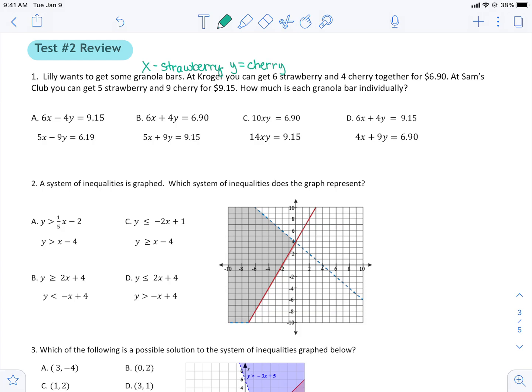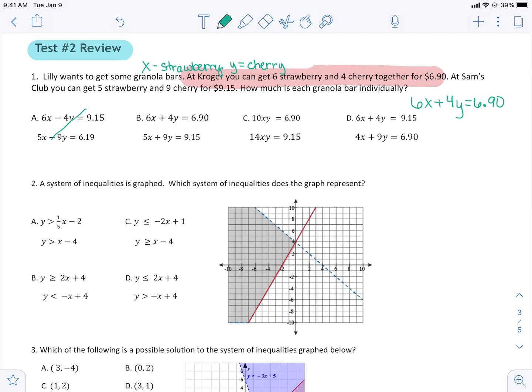Okay, so if I want to represent how much I can get at Kroger, I'm going to say at Kroger we can get 6 strawberry, 4 cherry for $6.90. So 6x plus 4y equals $6.90.